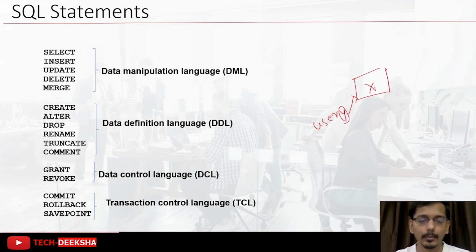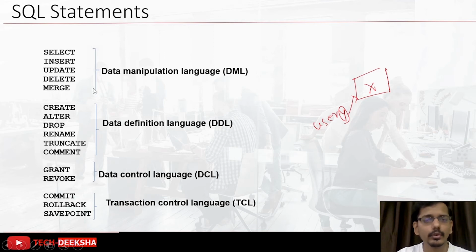using your revoke statement. And then your transactional control statements, which are commit, rollback, and savepoint, for whatever transaction you are performing in your DML operation, like insert, update, delete, merge.